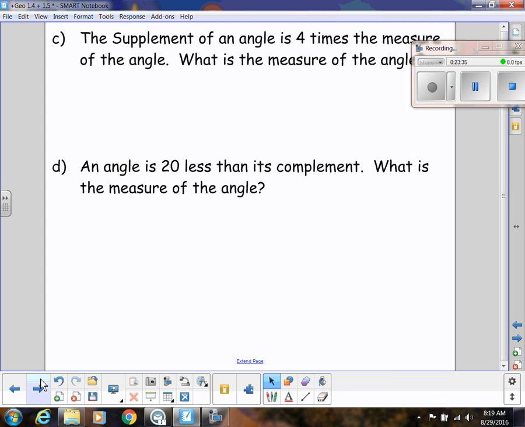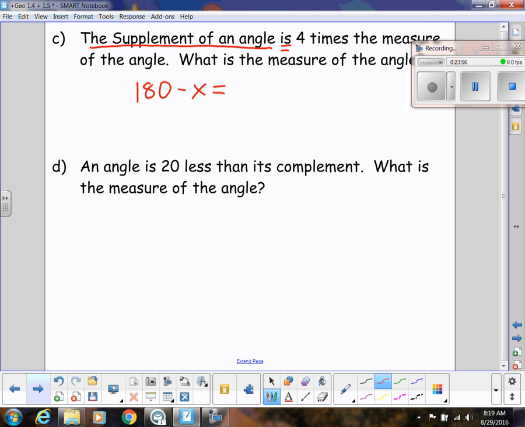So, having said that, when I read a word problem, the supplement of an angle, that means 180 minus x, because an angle is just x. Then it says is 4 times the measure of the angle. So is in math means equals.